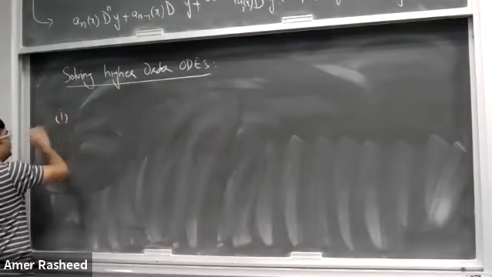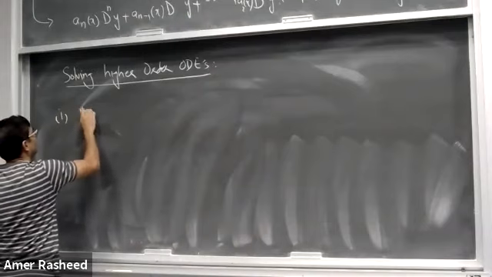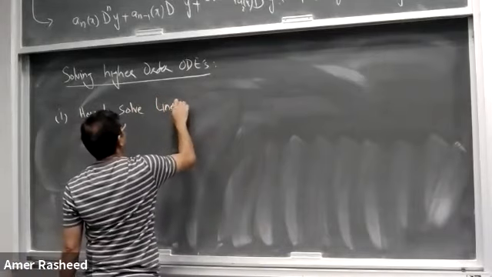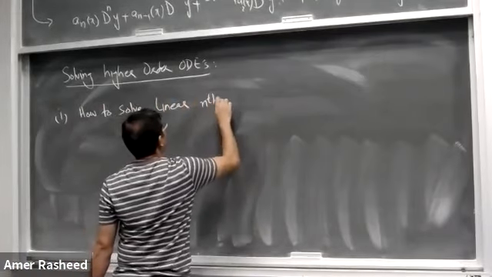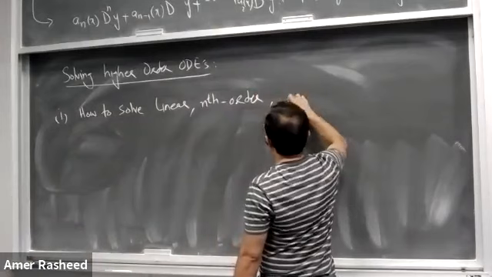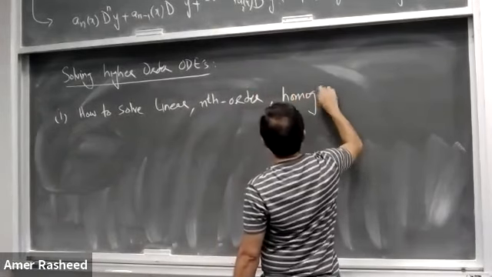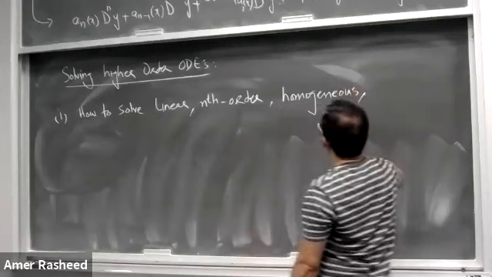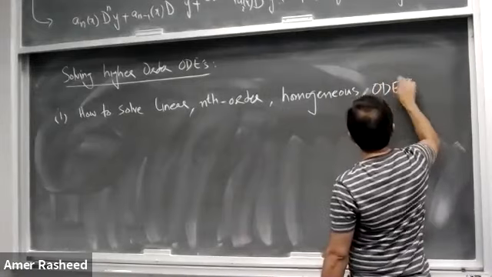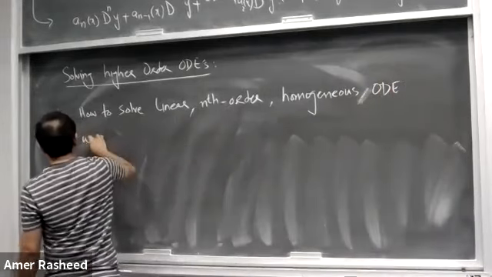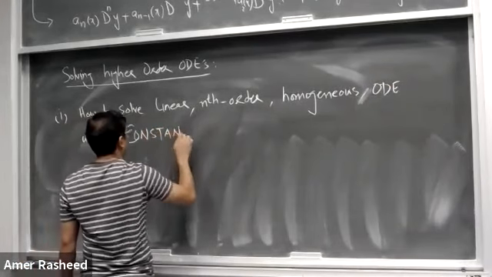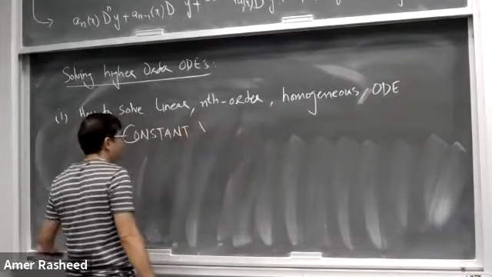What we are going to discuss first is how to solve a linear nth order, and second, a homogeneous ODE with constant coefficients, not variable coefficients. Remember this, constant coefficients.